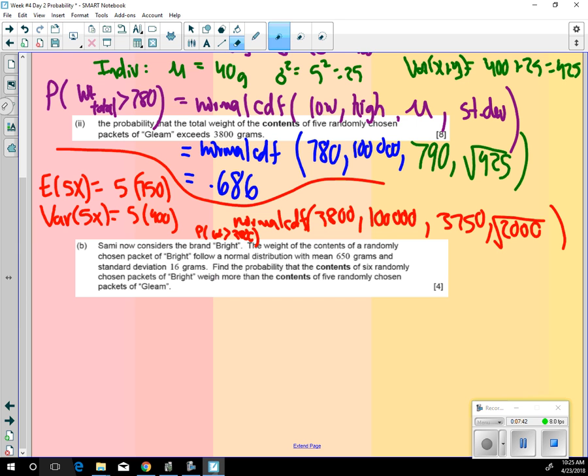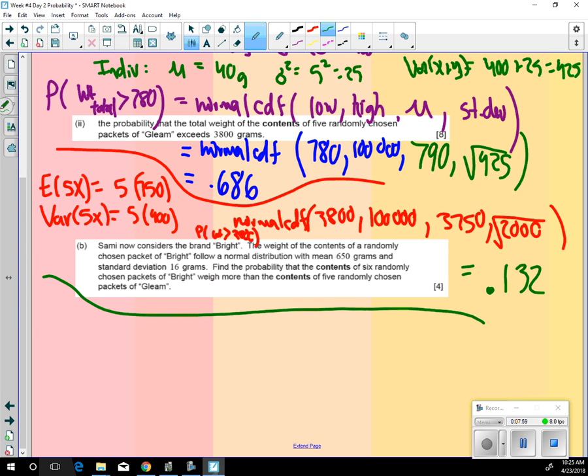Yep. And then go ahead and crank that out. Tell me what probability you get for that. Did you get 0.132? Good. And now we're ready for the last one.